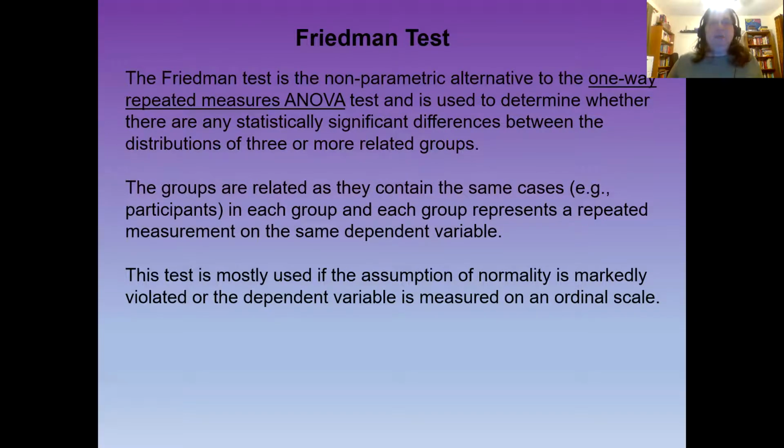This test is mostly used if the assumption of normality is markedly violated or the dependent variable is measured on an ordinal scale. Also, if the box plot indicates you have major outliers, that's another time you would use the Friedman.